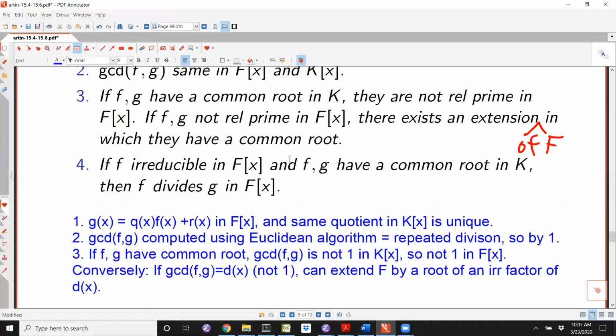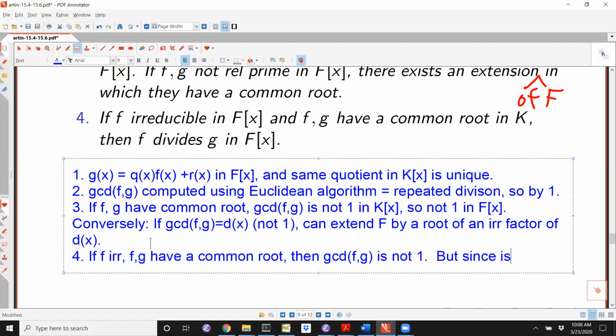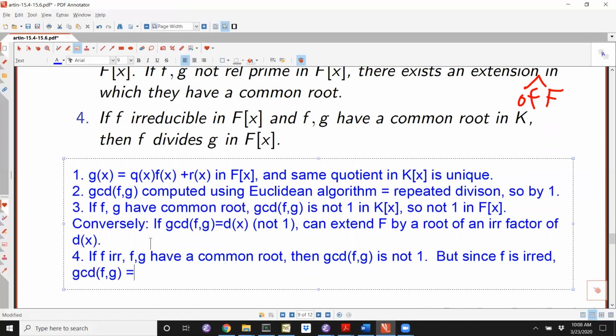And all right, part 4 says that if f is irreducible and f and g have a common root, then the GCD of f and g is not 1, but since f is irreducible, it must be that the GCD of f and g is equal to f.